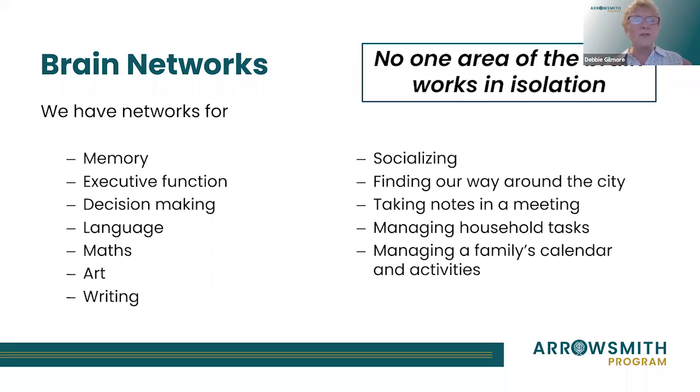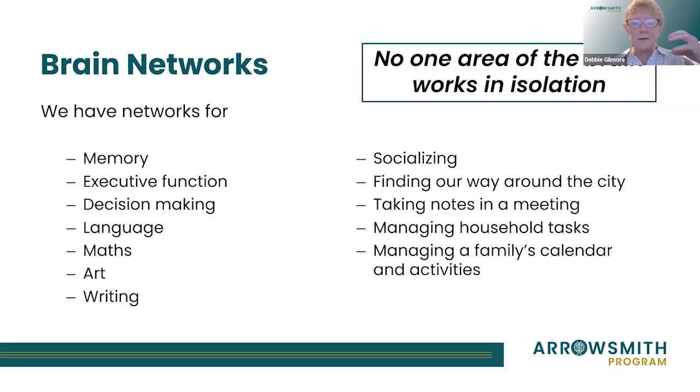So up here, of course, these are not all the networks in the brain, but these are some of the ones that we use a lot: the memory piece, executive function network, decision-making network, language, math, art, writing, the list goes on. We also have networks that help us do tasks like finding our way around the city, taking notes in a meeting, managing household tasks.